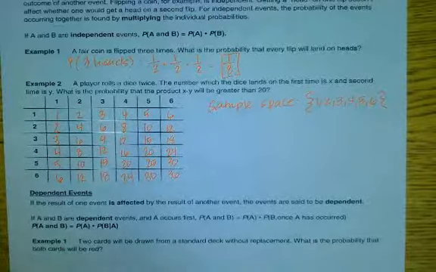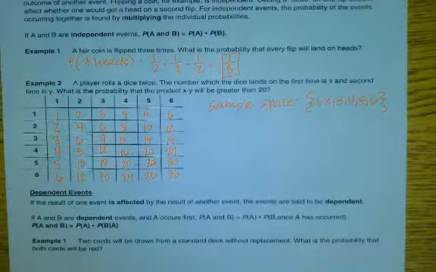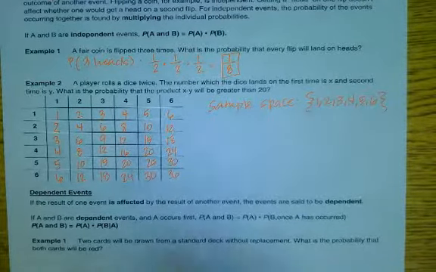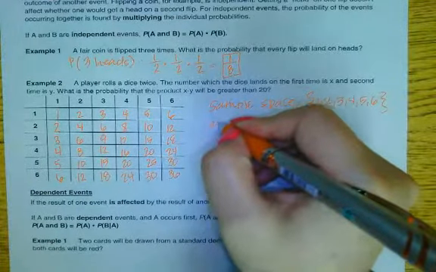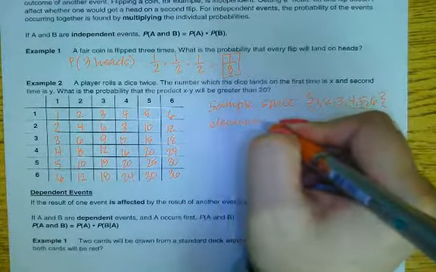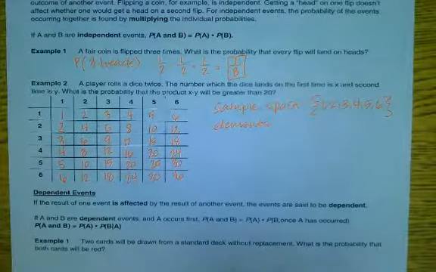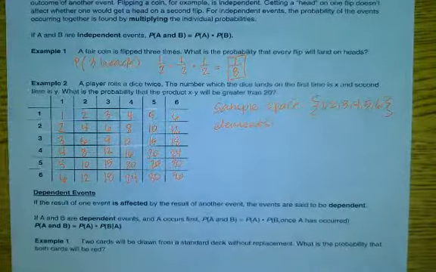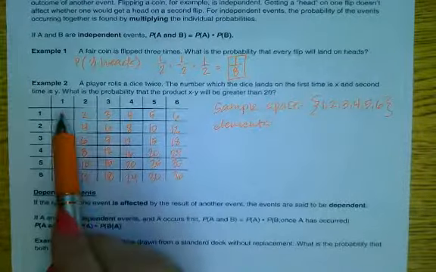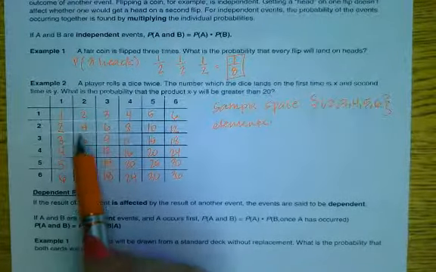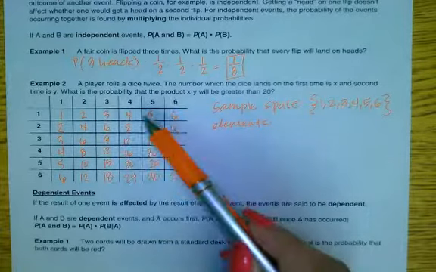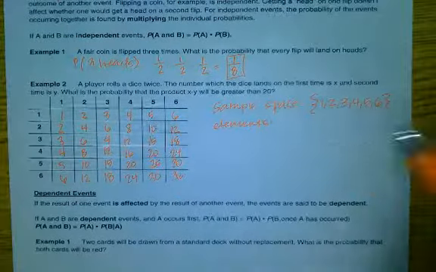Okay, if it asks about elements, elements are the numbers that are within your event. So for example, number 1 would be an element, 2, 3, 4, 5, 6, 8, 9.